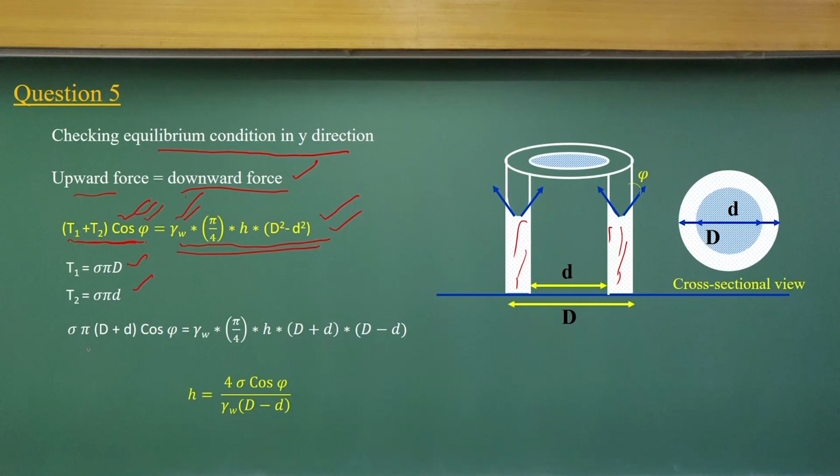If I rearrange these terms, finally I will get the relation between the capillary height, angle of contact, and the two diameters of the annular system, where sigma stands for surface tension. These are simple derivations that we have done.